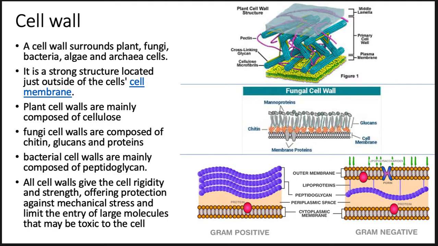Okay. A cell wall is a strong structure located just outside of the plasma membrane, and it gives extra support, strength, right? It also helps to control what goes in and out a little bit. Okay. And we started talking about the difference between two major groups of bacteria called gram-positive and gram-negative.